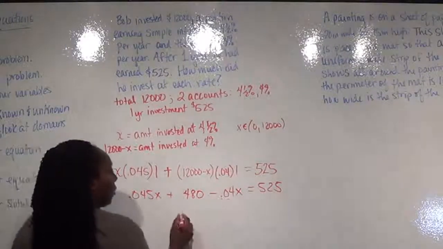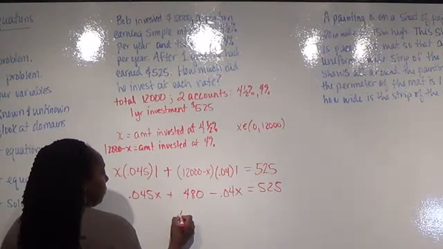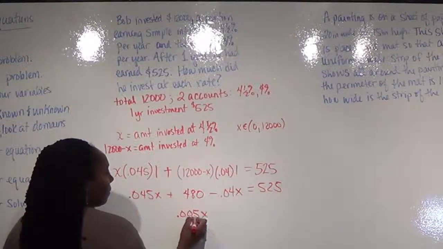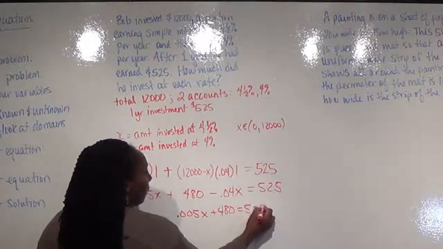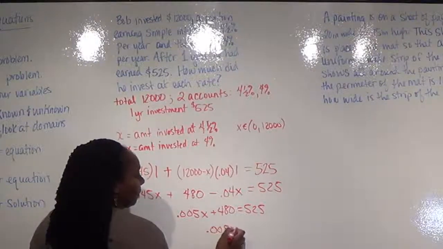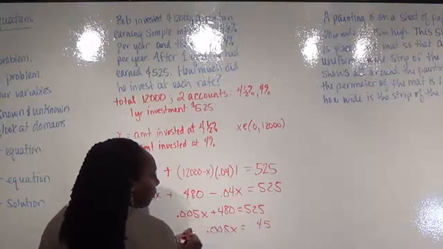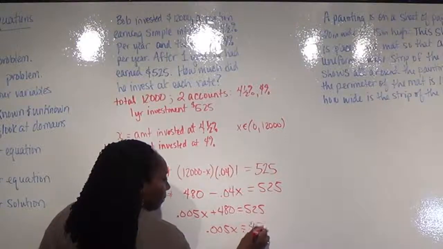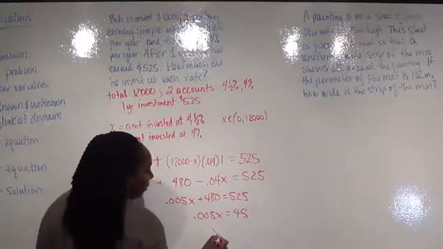Okay, so combining like terms, notice again we're back to a linear equation, so we're going to get a 0.005x plus 480 equal 525. We can move the 480 to the other side. So we'll get a 45 there. And then we just need to divide out.